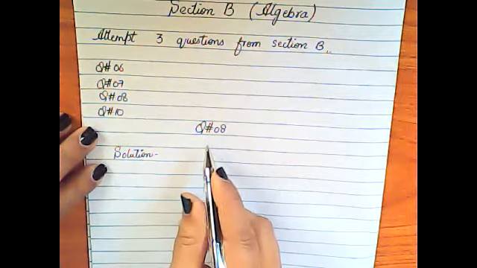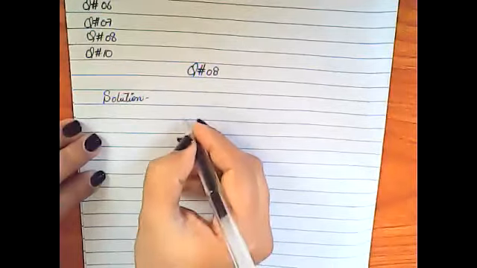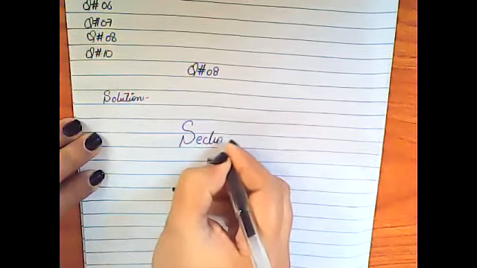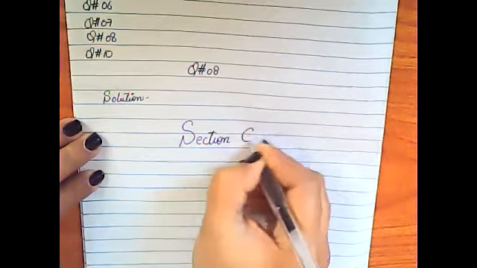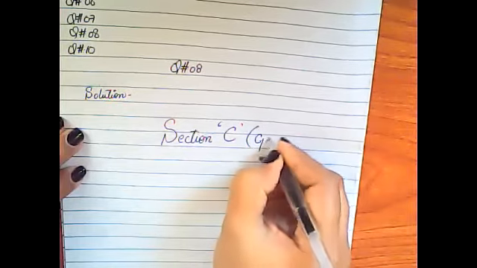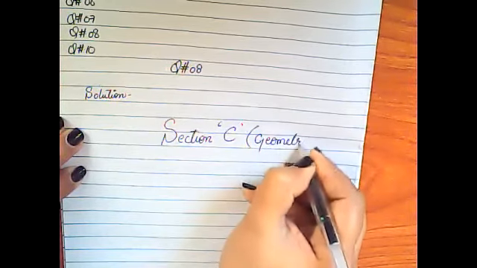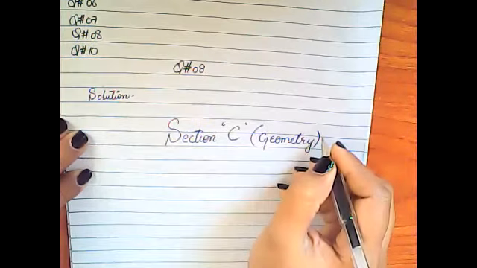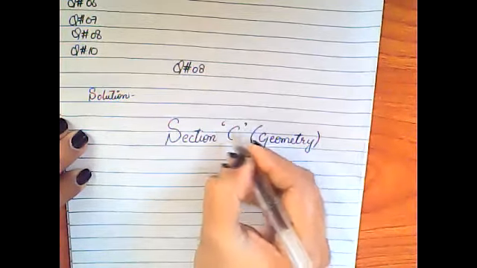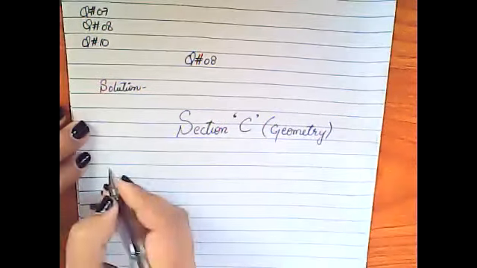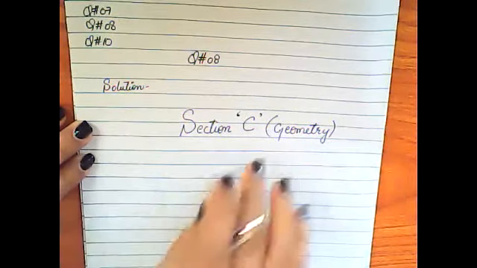After completing your section B, you will start your section C. Now it is pretty much clear that in section C we are going to ask questions from the geometry section. Now look at here, what type of note you may have in the geometry section.